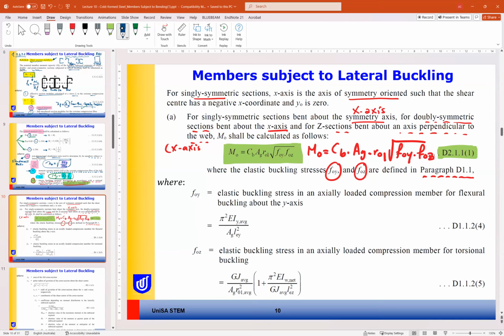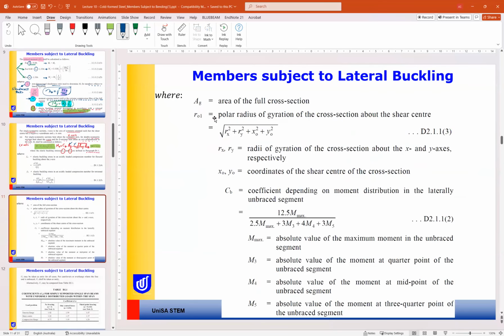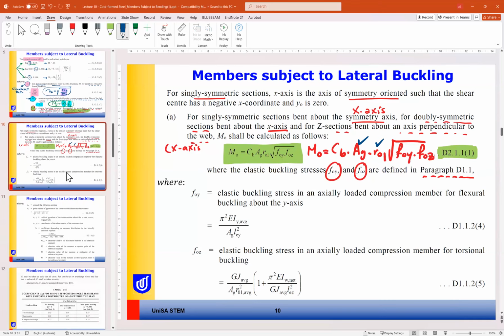AG is the section area, or gross section area, so no problem with AG. RO1 is the polar radius of gyration. So r generally is radius of gyration, but this is a polar radius of gyration about the shear center.